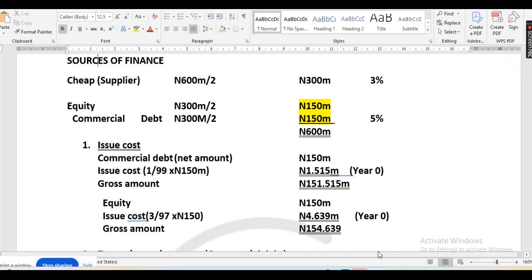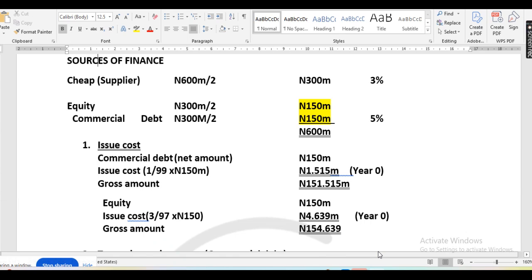Class, you will pay interest on what? On 2 loans, which is the cheap loan as well as the commercial debt, right?